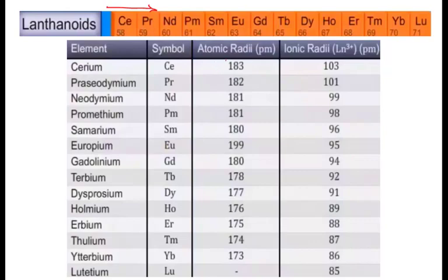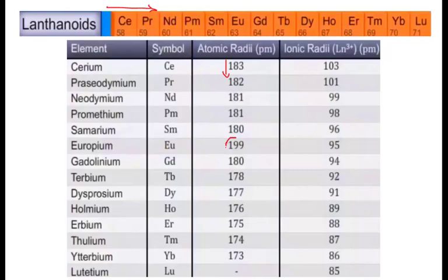So cerium has 183 picometer, then it decreases, but if you analyze this decrease, there is very minute change. This very small decrease in atomic radii results from lanthanoid contraction.